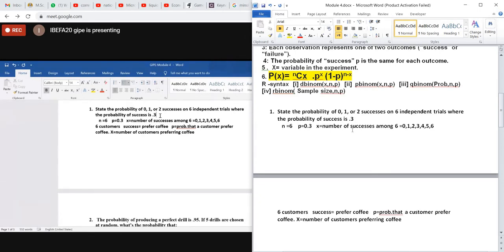Say for example, 6 customers, that is n. Success means prefer coffee. Failure, not prefer coffee. So P is the probability that a customer prefers coffee. And X is the number of customers preferring coffee in the sample.